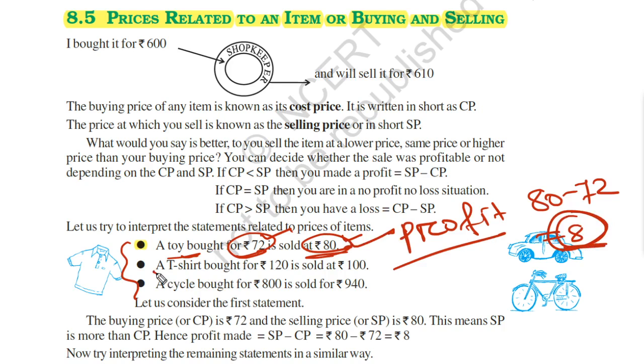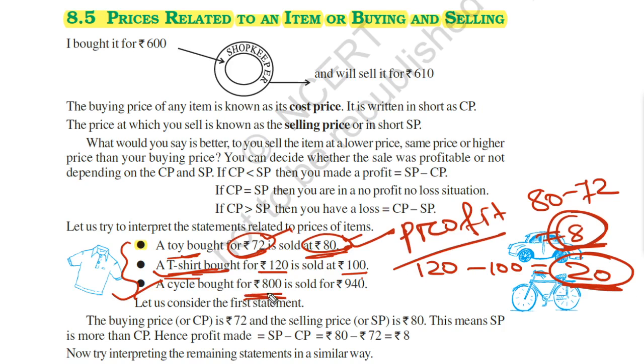Similarly, in this case you bought a t-shirt for 120 and sold it for 100. So what happened here? Some loss has happened. The loss is 120 minus 100, which is equal to 20 rupees loss. Similarly, a cycle bought for 800 and sold for 940.